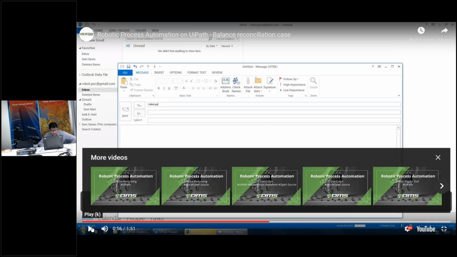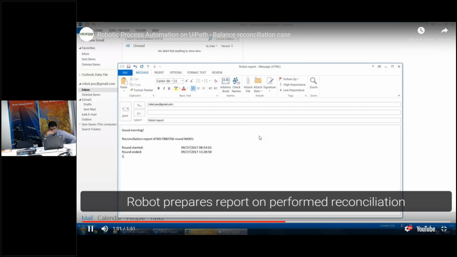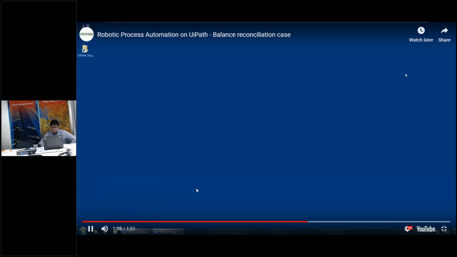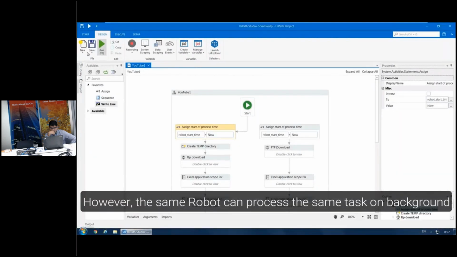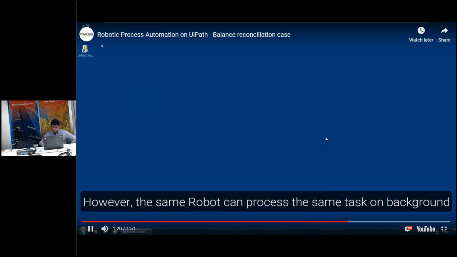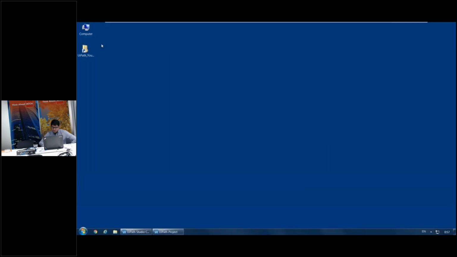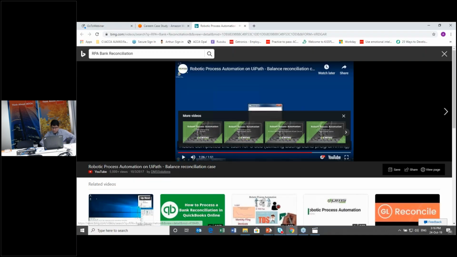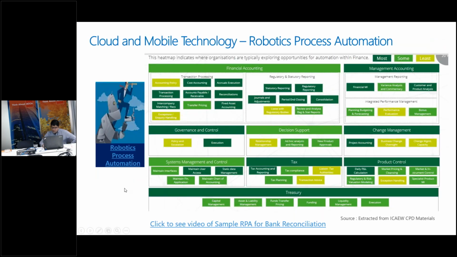Yes, an email is sent automatically to someone in your organization that a reconciliation report is done. And that's it. That was a running robot that you have seen, where the bank reconciliations are getting done.